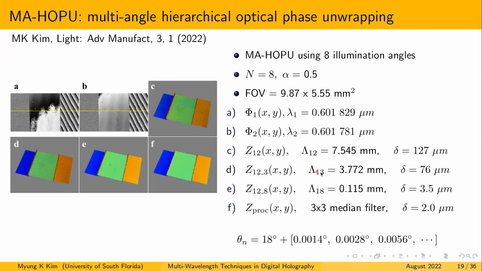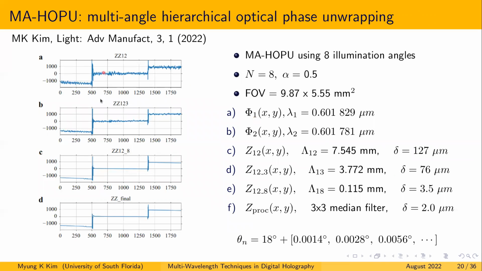By reducing the synthetic wavelengths with stepping factor alpha equal to 0.5, the last synthetic wavelength lambda 1, 8 is 0.115 millimeter. The measured surface noise reduces from 127 micron to 3.5 micron.